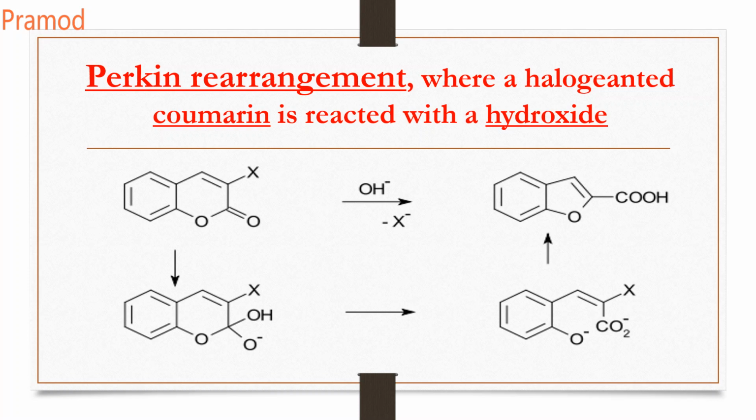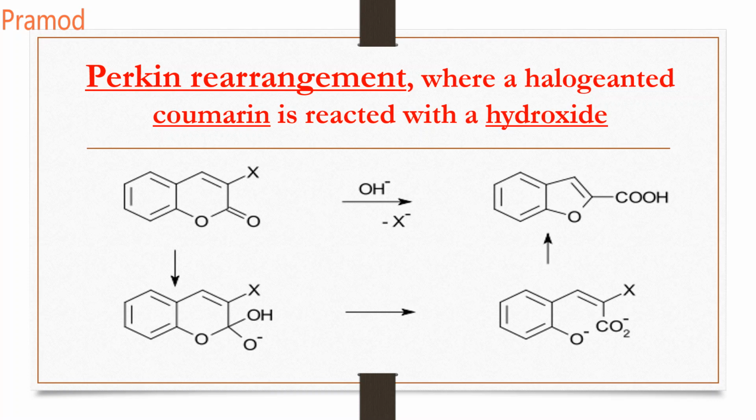The oxyanion then attacks the double bond, with removal of chlorine, and the last step gives 2-carboxyl benzofuran, which undergoes decarboxylation when you heat it to give benzofuran. So this is the mechanism of the Perkin rearrangement, where a halogenated coumarin reacts with hydroxide to form a carboxylate and an O minus.